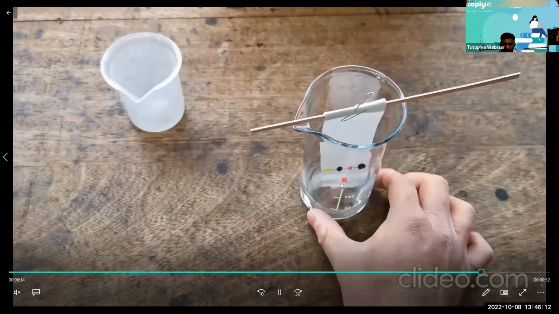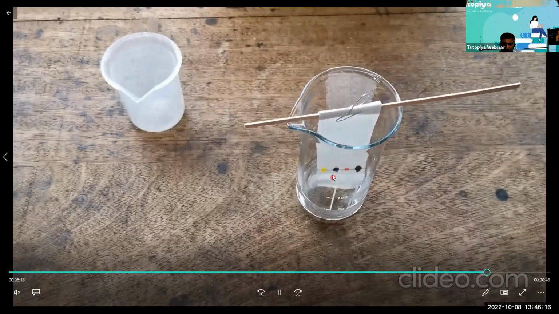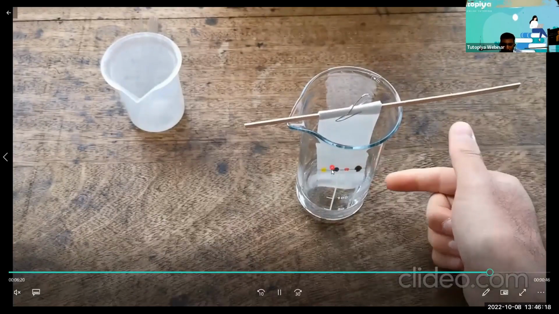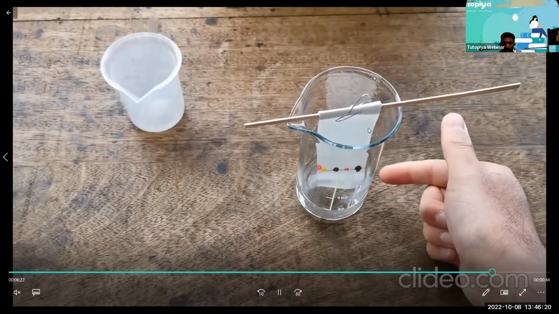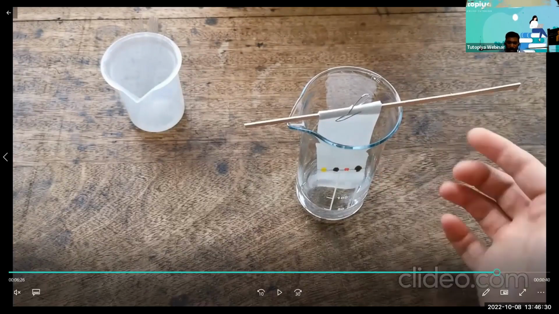So you can see here the water level, the solvent. The solvent is slowly moving up. It's slowly being absorbed. At this point, let me write the 3 substances which are very important for your practical exam. This is sodium hydrogen carbonate. What is sodium hydrogen carbonate? It is a solvent.